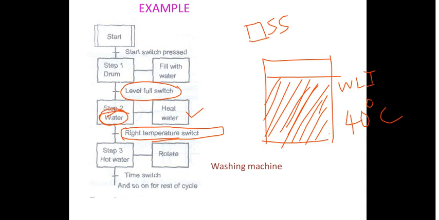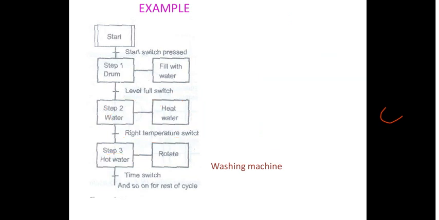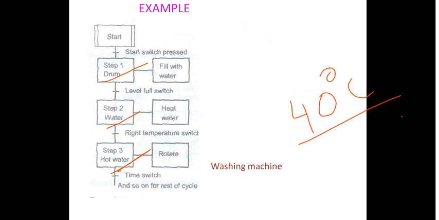Now, cycle means in my particular case, it is going to stop here. If you have any other cycles, maybe drying the clothes, once it has run for 15 minutes, you may have to turn on a dryer so that the clothes are dried inside the drum itself for 10 minutes or 5 minutes, something like that, right?